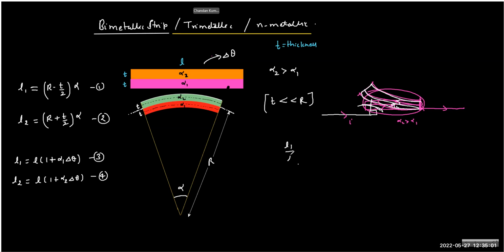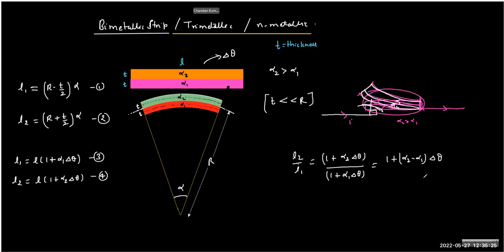So let's write L2 by L1, that's bigger. L2 by L1 is 1 plus alpha 2 delta theta upon 1 plus alpha 1 delta theta, correct? If you remember this, we can write 1 plus alpha 2 minus alpha 1 into delta theta.